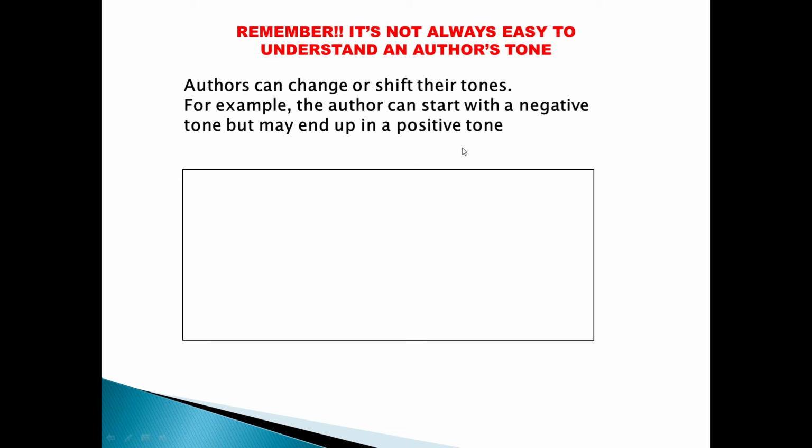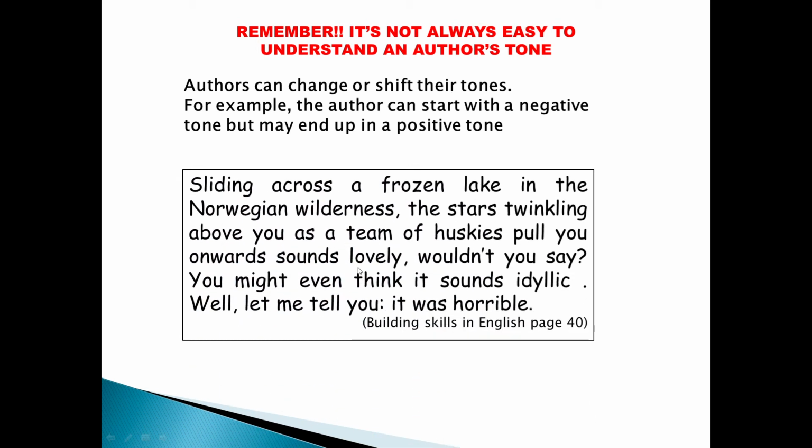Let us see an example. This is taken from your Building Skills English textbook, page number 40. If you see this extract of the article that is given there, the author starts in the first paragraph. If you see here, "Sliding across a frozen lake in Norwegian wilderness, the stars twinkling above you as a team of huskies pull you onward sounds lovely, wouldn't you say?